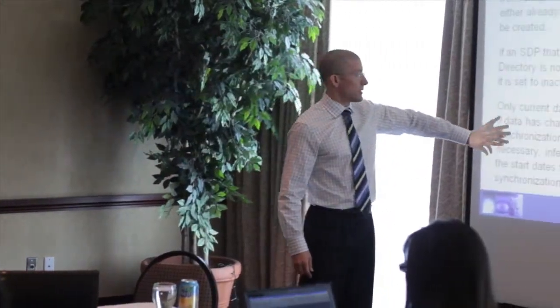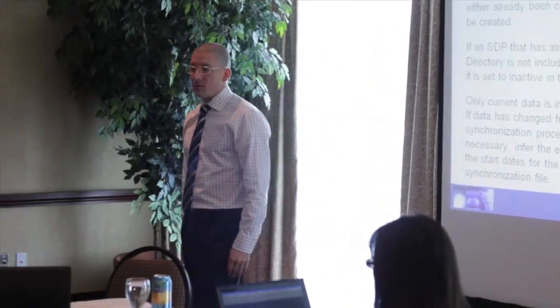Current relationships are all that are sent in a psync file. You just send in the active meter and the date that it started, and there are no end dates in psync files. It's all the current relationship. This is sort of what used to happen if you tried to process changes through a psync file.